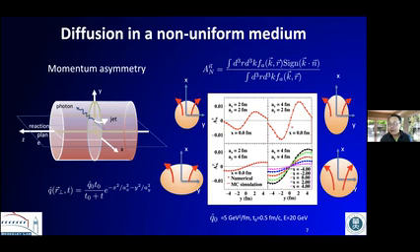And this anisotropy, of course, increases with your medium size, and it also depends on which direction you go. For example, if you go in this out-of-plane direction, the gradients along this direction are smaller than in this direction.